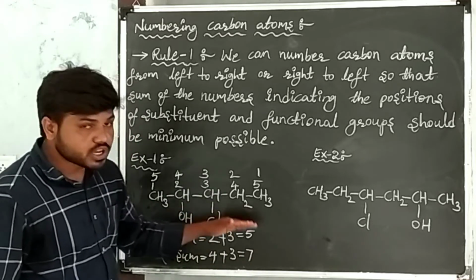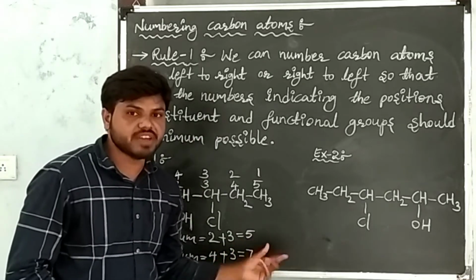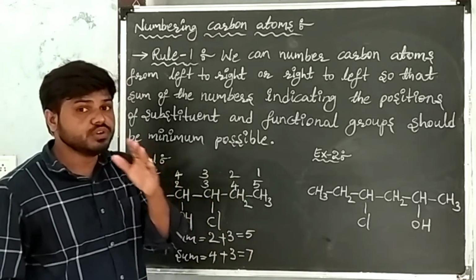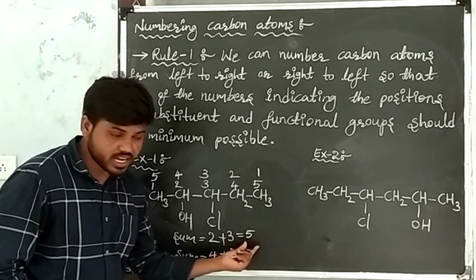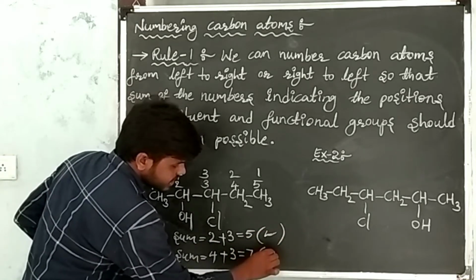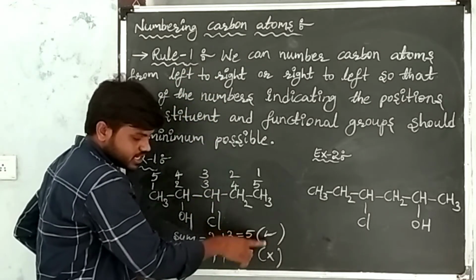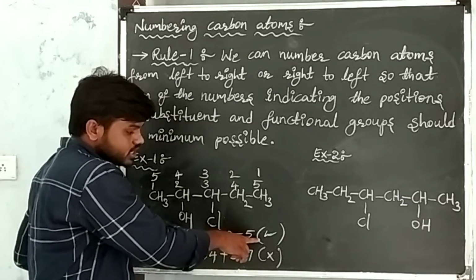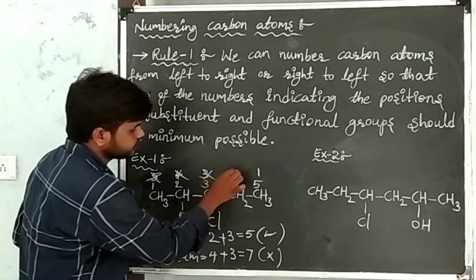When you compare the two cases, in the first case we got a minimum value. In the first case, the sum is minimum. So according to rule 1, the first case is correct and the second case is wrong.